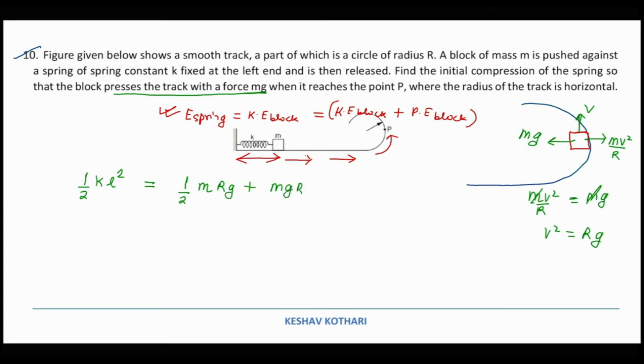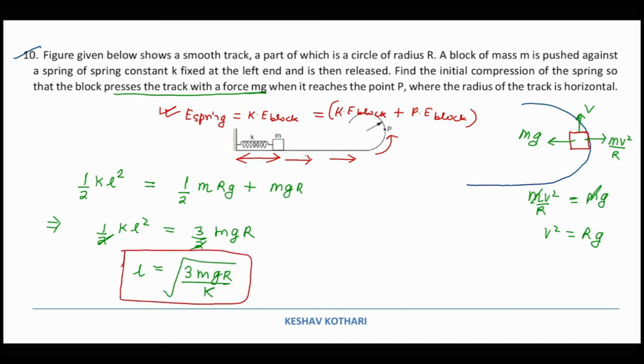So I can say that half k l square is equal to 3 by 2 mgr, and the value of l will become root over 3 mgr by k. This is going to be the value of compression that is needed in the spring so that the block reaches point P and presses the track with a force mg.